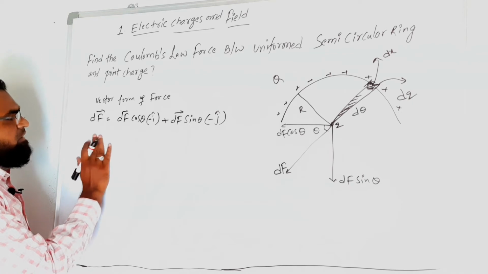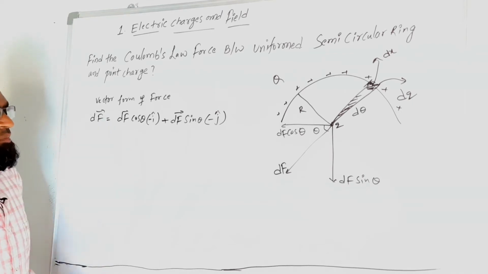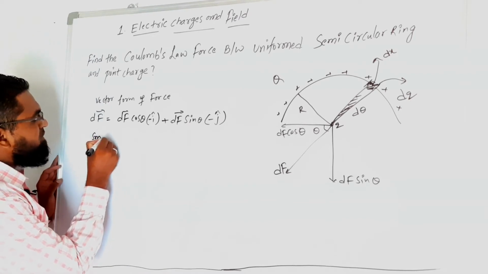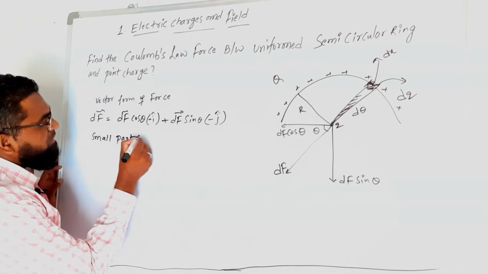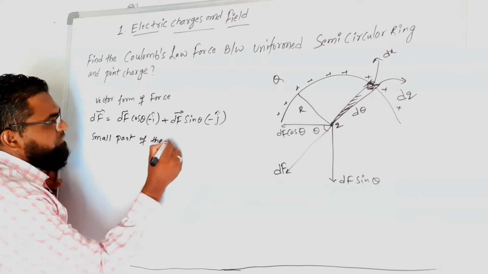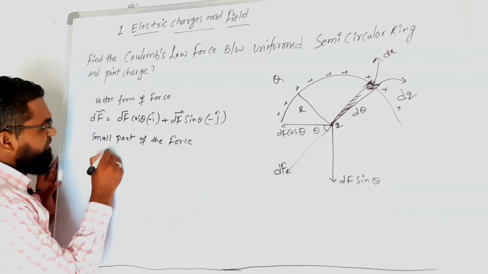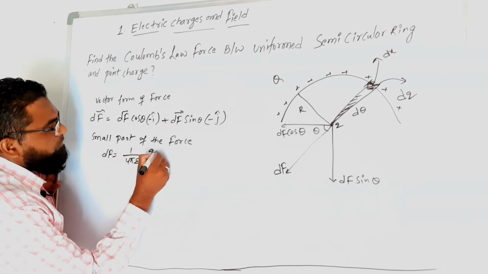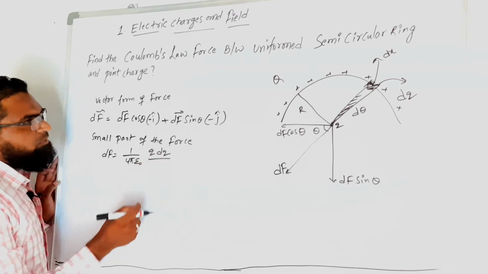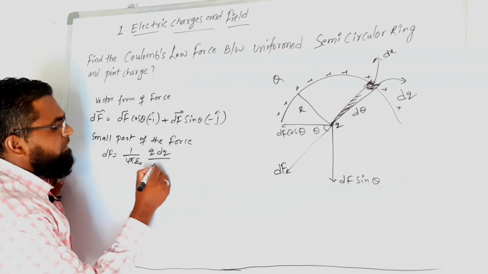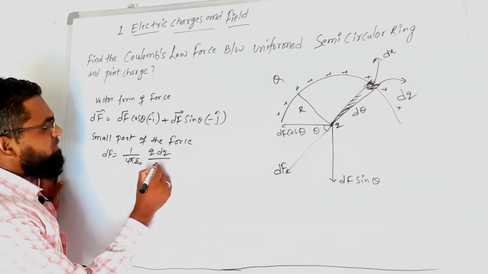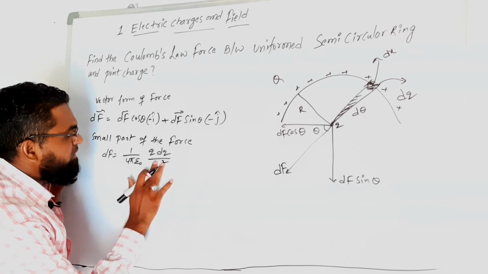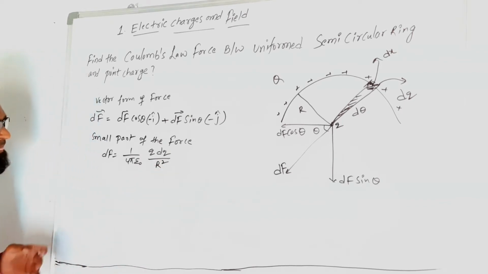Next, listen carefully, integrating both sides. Before that, I am writing df, the small part of the force: df equals 1 by 4 pi epsilon naught q into dq by x square. Here x square we take as r square only, the radius r, capital R square.